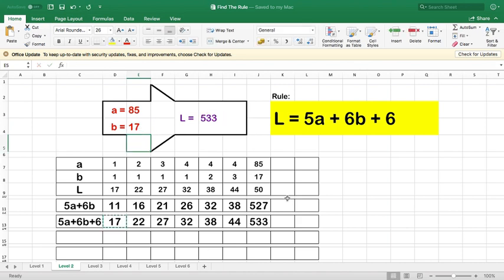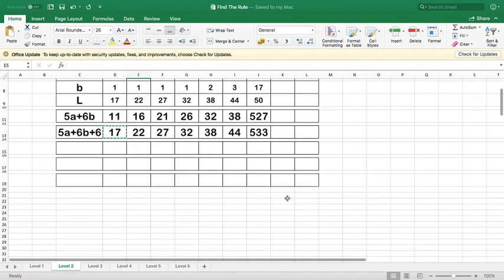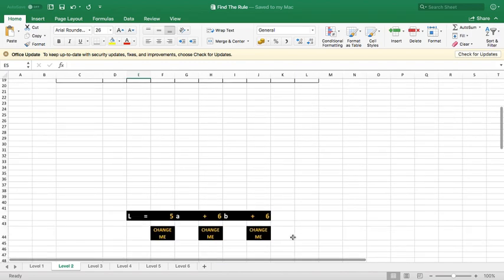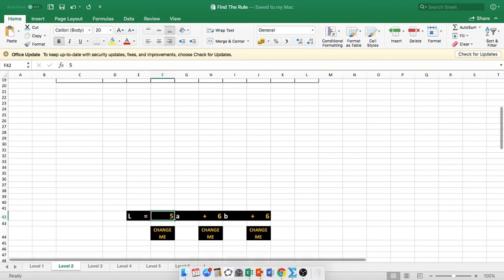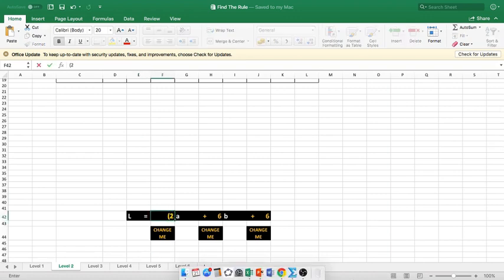So again, this is a spreadsheet you can play with. You can go a bit further down, get someone to change the rule, and then try and work out, using a similar line of reasoning, what their rule is. So it can be numbers like 5, it could be something like 2/3.